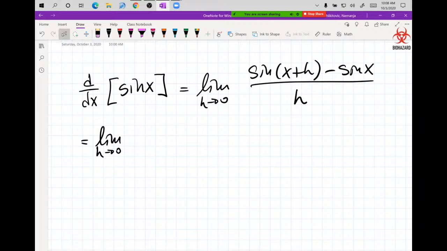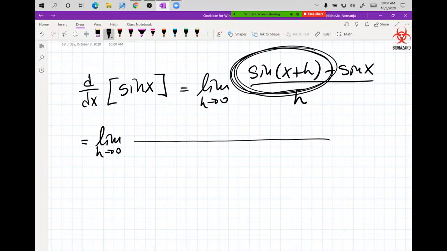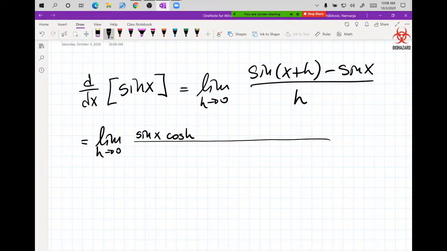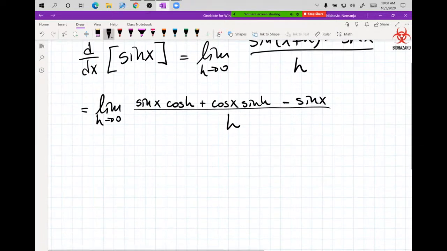So you take this, and now we need that formula from pre-calculus, which is the sine of the addition of two angles, which would be sine x cosine h plus cosine x sine h, and then we have minus sine x divided by h. Now this term and this term both have sine x, so we can factor.